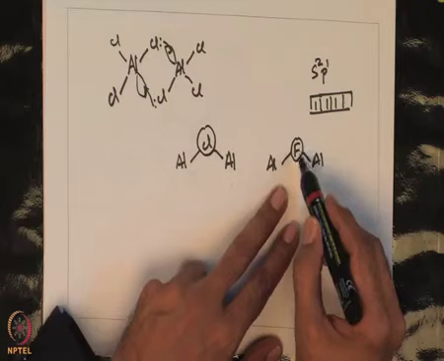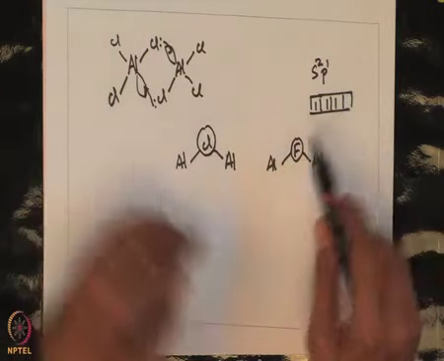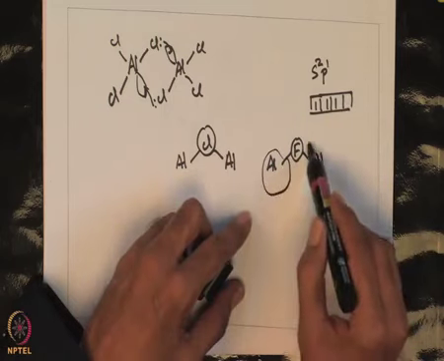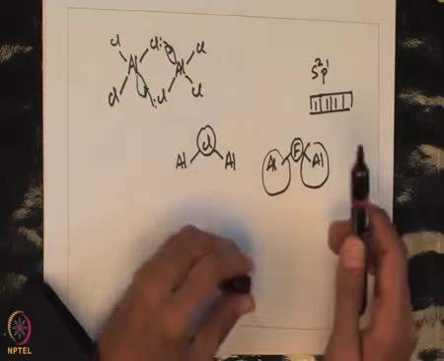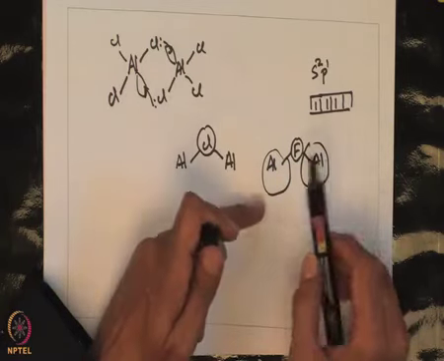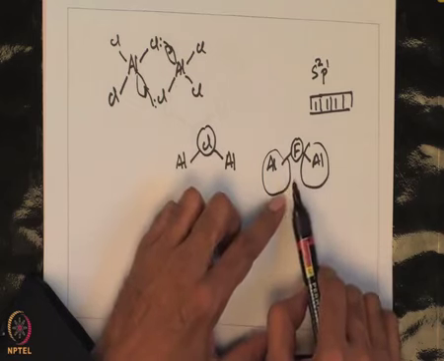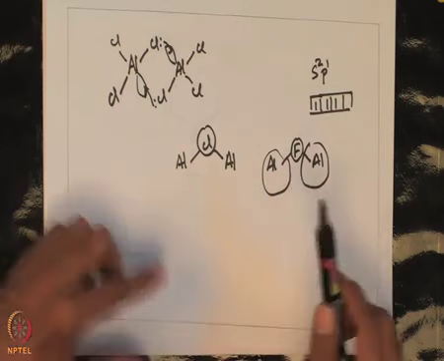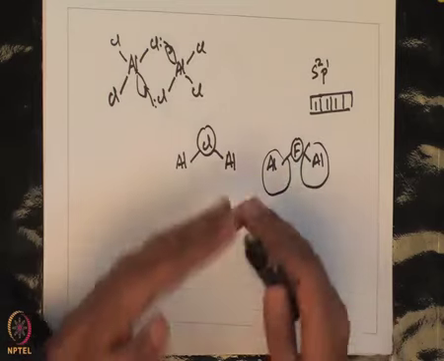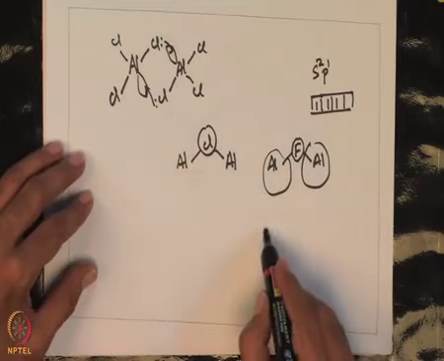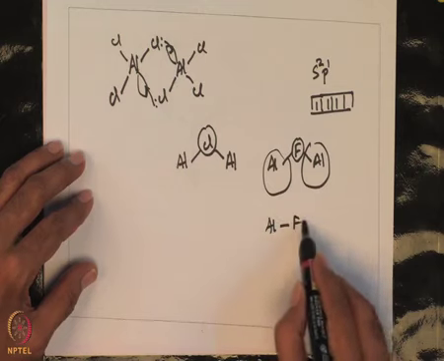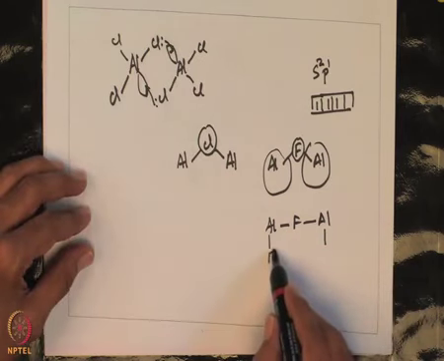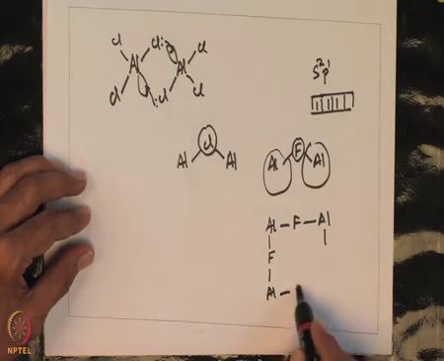So, when fluorine makes an attempt to have a dimeric structure, the angle here does not permit two aluminum atoms to come very close to each other. If both aluminum atoms come very close to each other, they repel because both are positively charged. Because of this repulsion, this bent structure is not possible. If the bent structure is not possible, one can think of a linear structure. If a linear structure is there, then a dimeric structure is not possible. You can possibly think of a tetrameric structure.